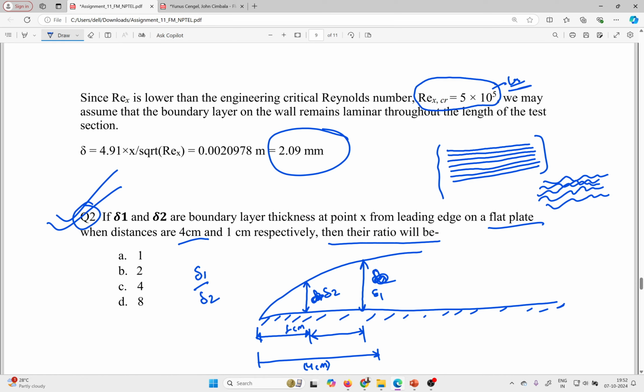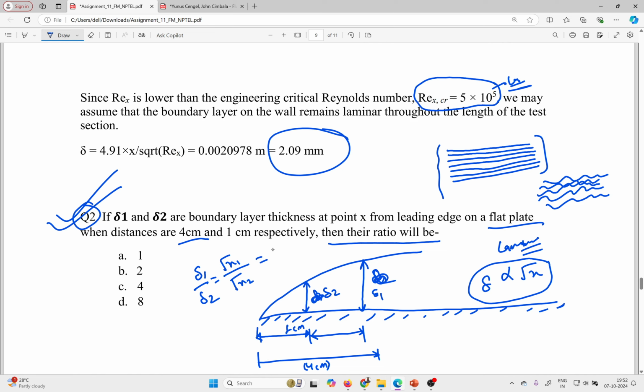Here we need to assume laminar flow. You know already that delta is directly proportional to root x. So here root x1 divided by root x2.